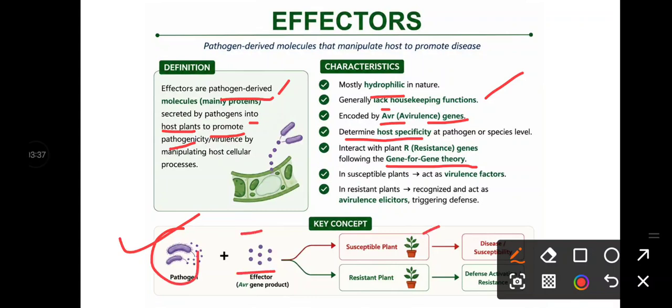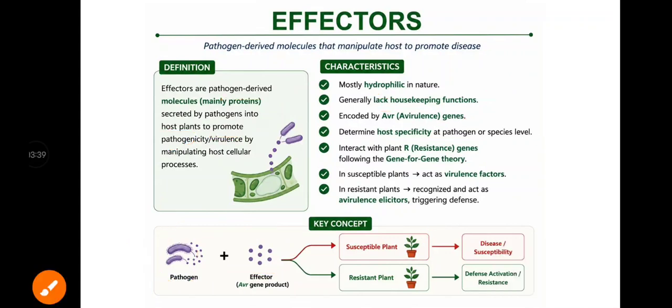When the plant is susceptible, the effector will not be recognized by the R gene, because in a susceptible plant no R gene will be there. So this effector will successfully manipulate the host system in favor of the pathogen and ultimately it will cause disease.